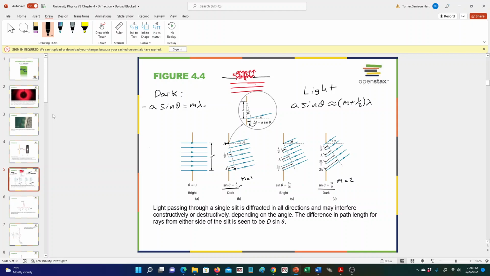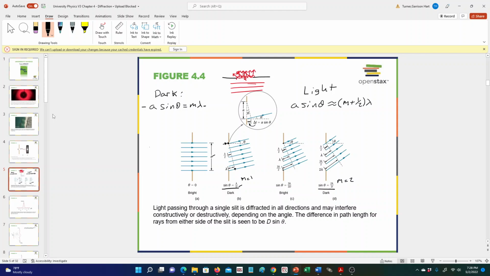What happens is the ray in the middle will constructively interfere with the ray at the very edge, because this ray in the middle has a path difference of exactly one wavelength with the top ray, and as a result they will constructively interfere.